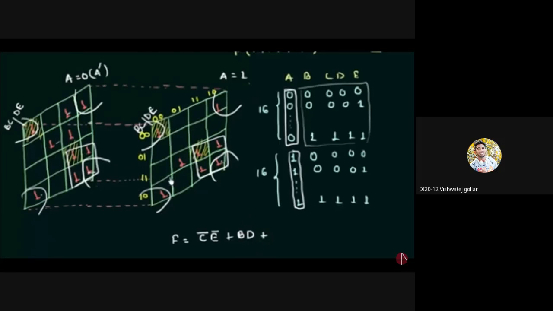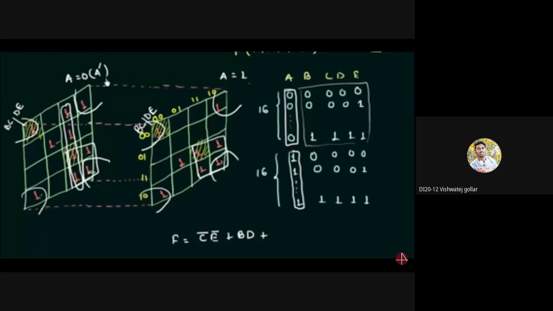Okay, so we are left with these 4 ones, this one, this one, this one, and this one. Let's combine them. How can we do it? I can do a combination of these 4 ones, but you can see that this combination is not present in this map.